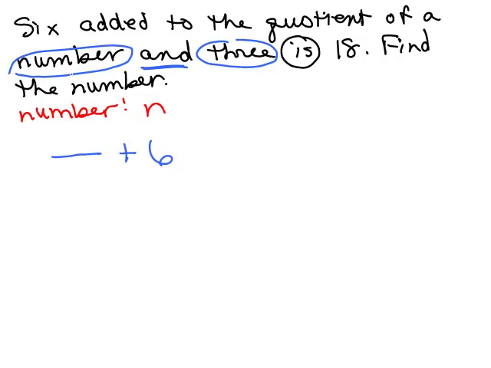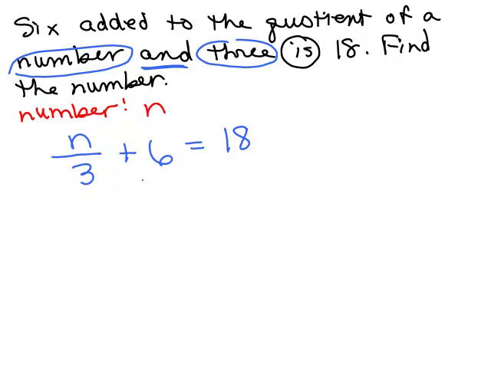The first thing goes on top. So the number goes on the top, n, and on the bottom is a 3. So there we've got the quotient of n over 3, right? And we added 6 to it. And what does that equal? 18.